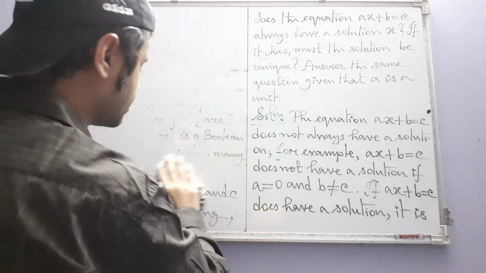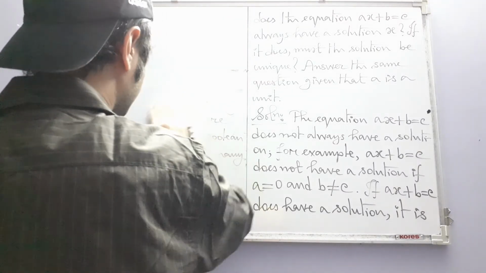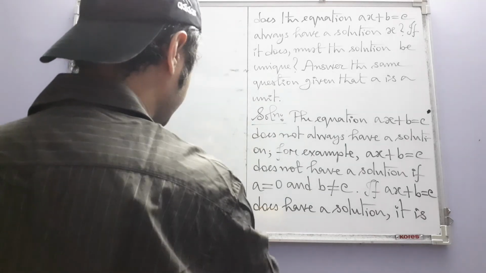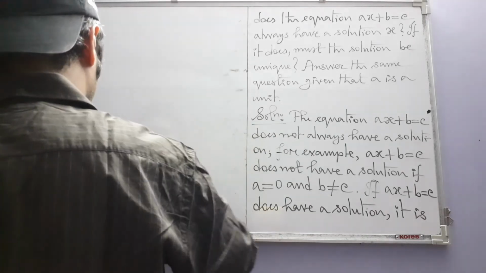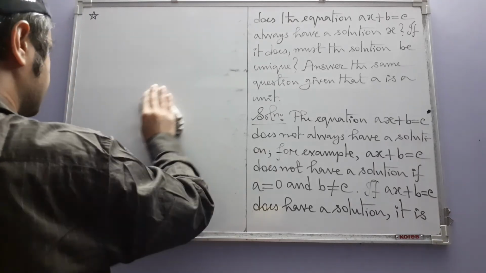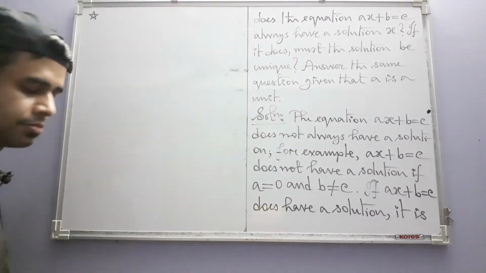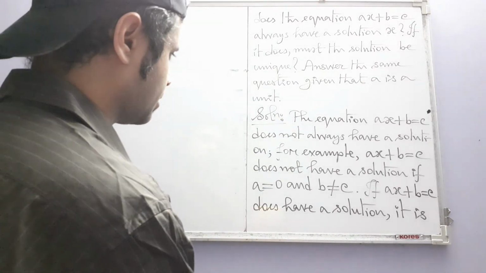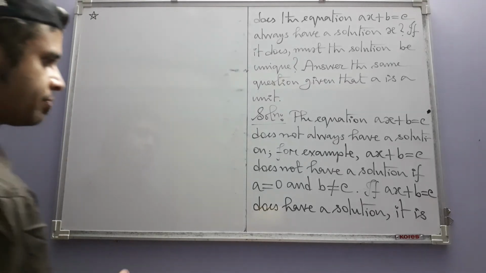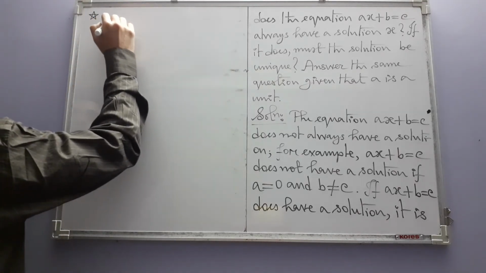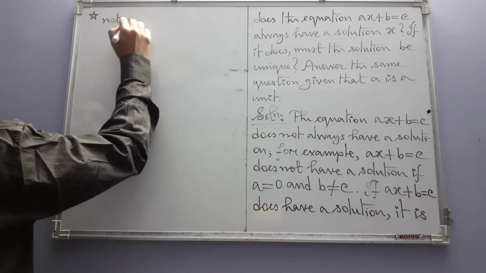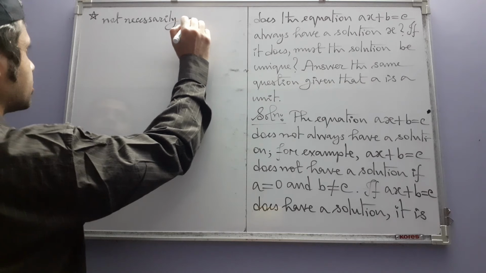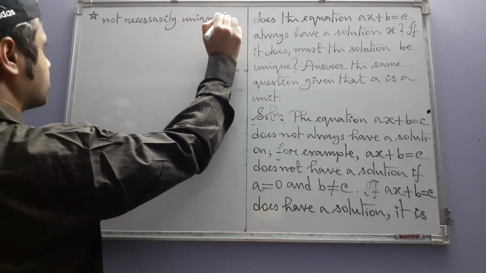And regarding this taking a equal to 0, let me just tell you that even if a is 0, that is an equation technically. It won't be a linear equation, but it's an equation after all. It is not necessarily unique.